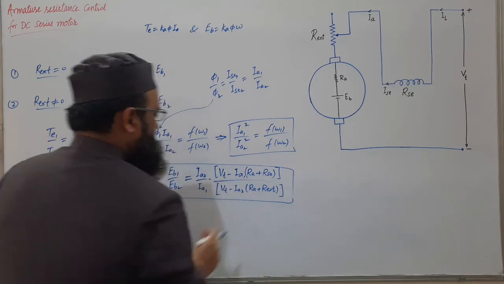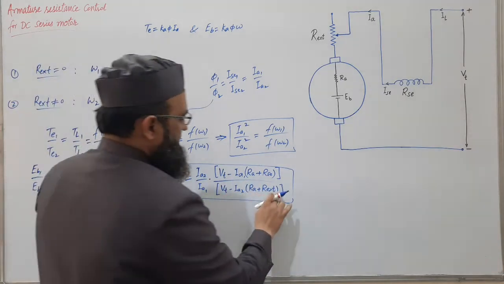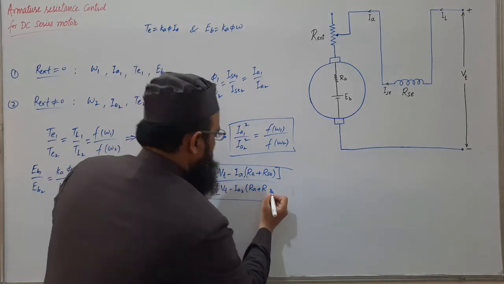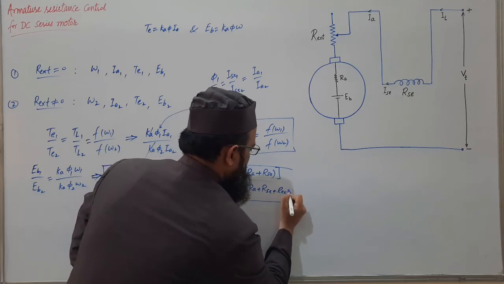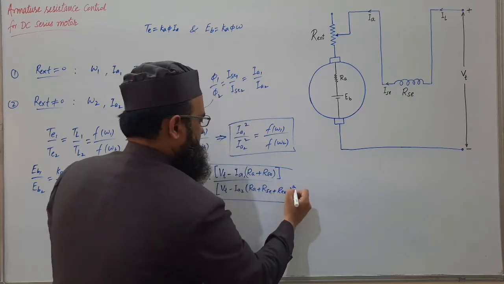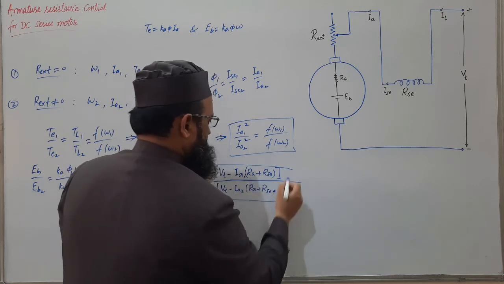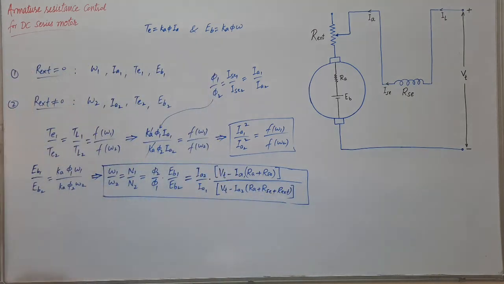And while writing EB2, this will be Vt minus IA2 (Ra plus RSE plus REXT external), fine. Please make this necessary correction, fine.